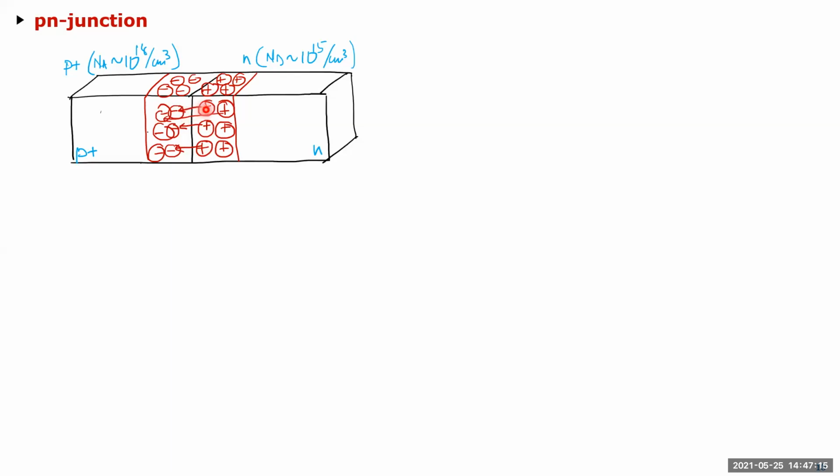Each positive charge creates an electric field between this positive charge and this negative charge, which means that for the negative electron there is a force against it, because the field is in this direction. For a negative charge, the force is in this direction, from P to N side.